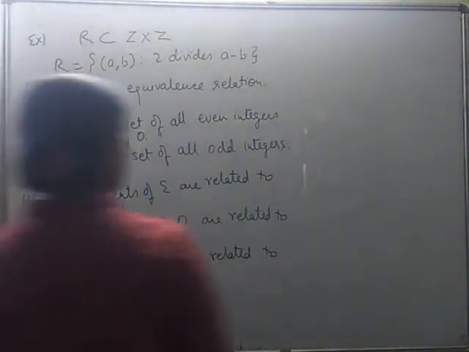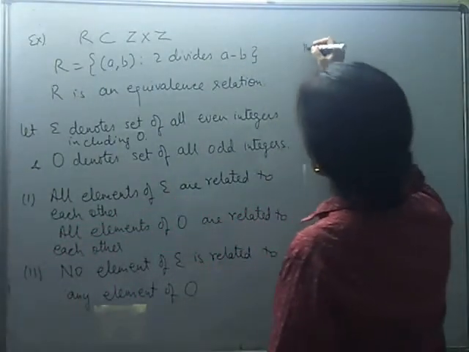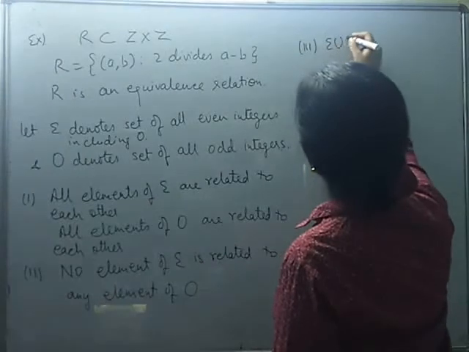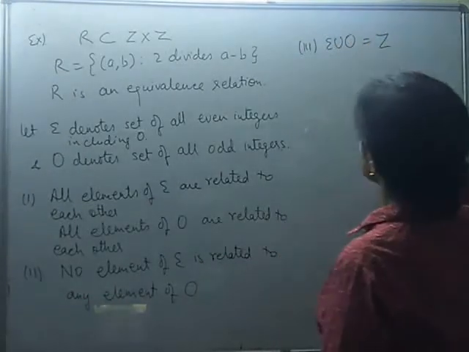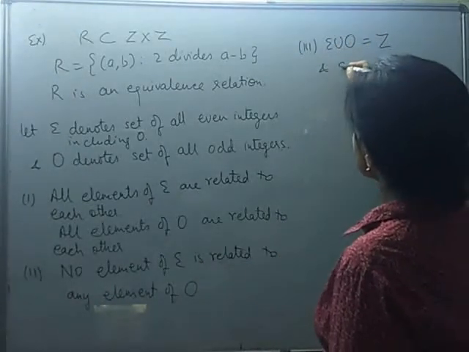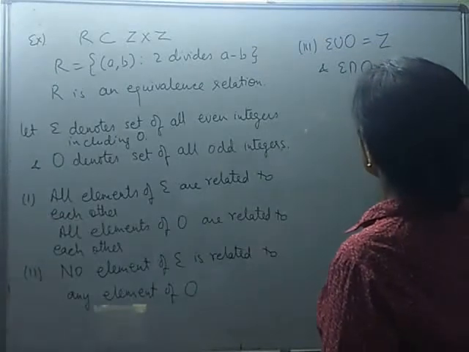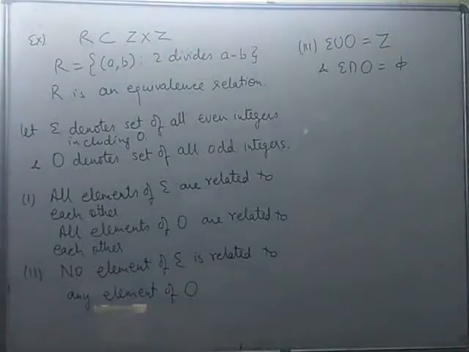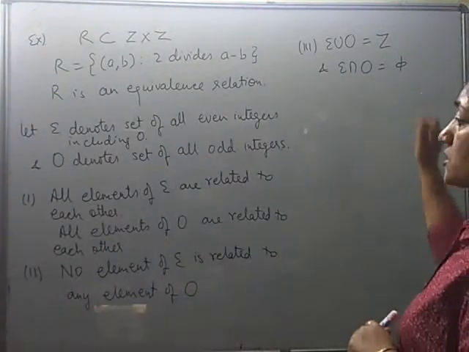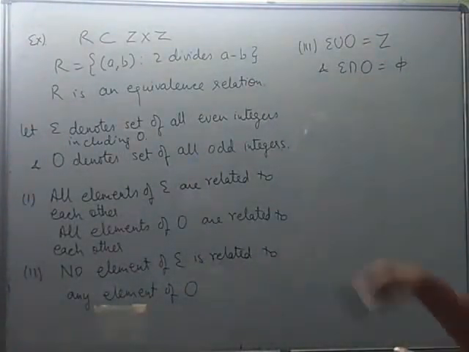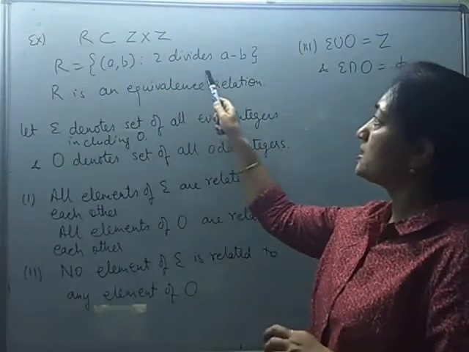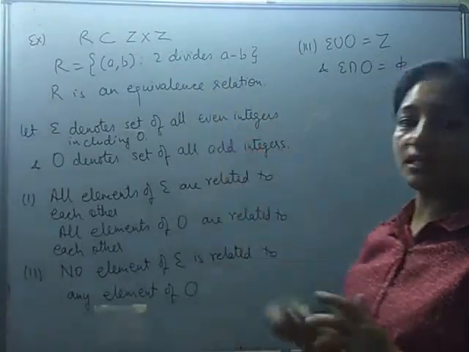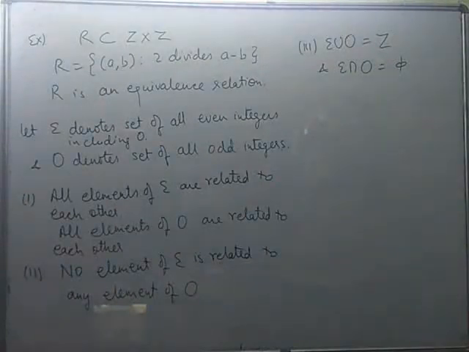Then the third condition: you will see the union of E and O comes out to be the given set, which is Z, and the intersection of E and O comes out to be a null set. They are mutually disjoint. So we could see R is defined in such a way that it is dividing the set of integers into two subsets.